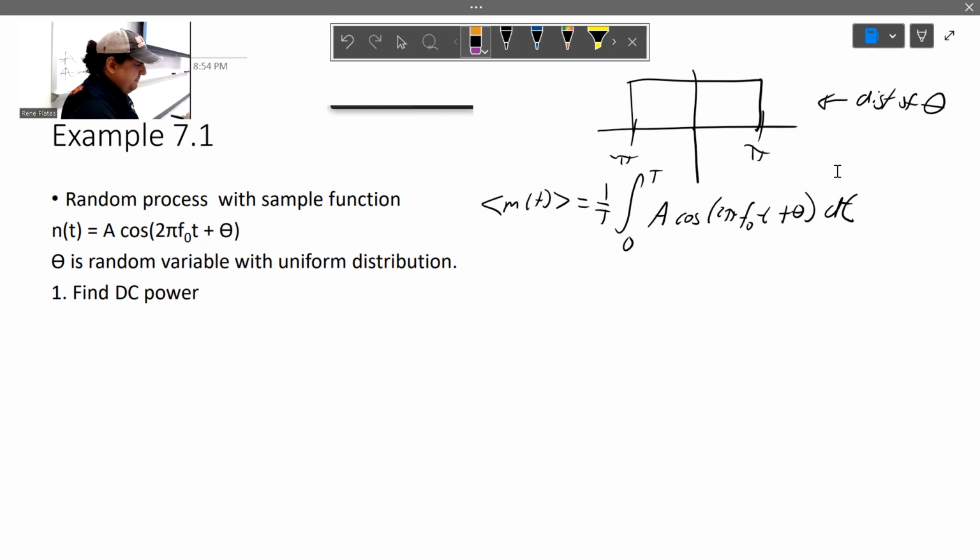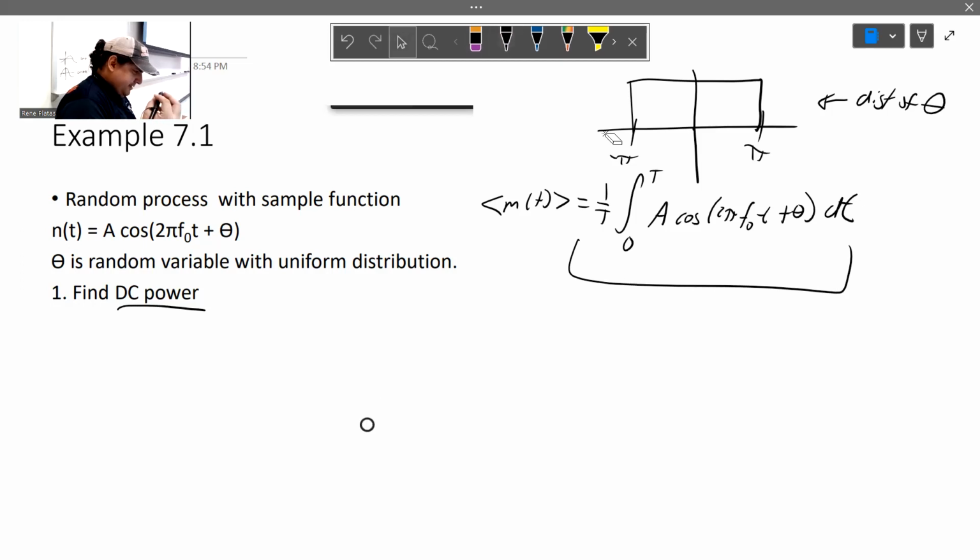This looks like the power formula, isn't it? This is the power formula. We're looking for DC power, so we use the power formula. Makes sense? Yes, of course it makes sense, you're awesome.